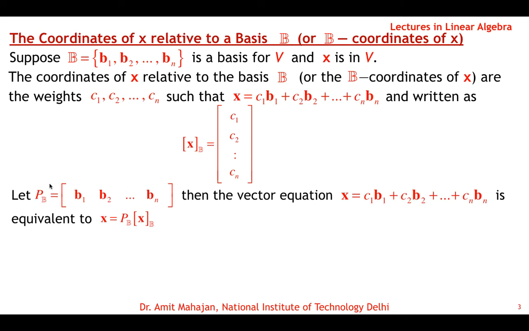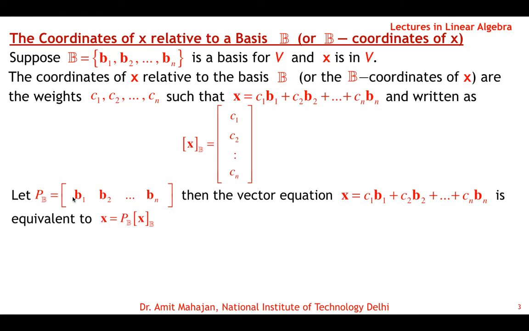Now, if b1, b2, bn are written inside a matrix, and we denote it by the matrix PB, the matrix of basis vectors, then the vector equation x equals c1 b1 plus c2 b2 plus so on cn bn is equivalent to this. So this equation can be written in short as this.